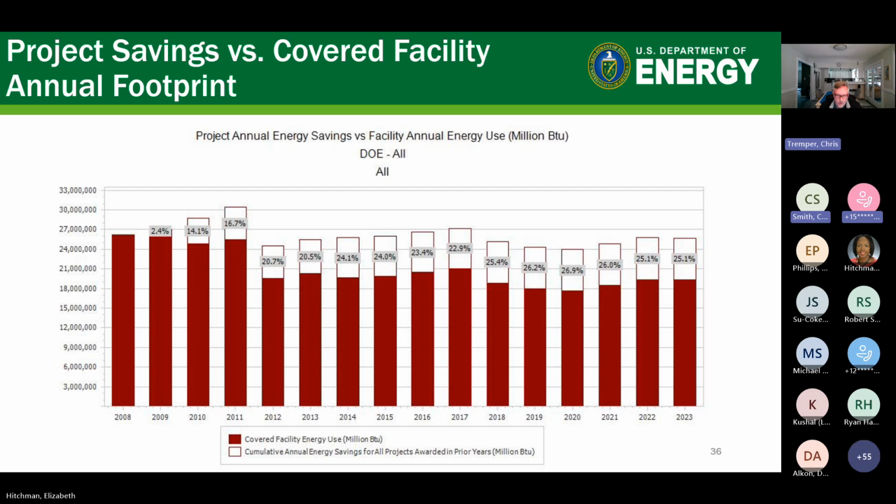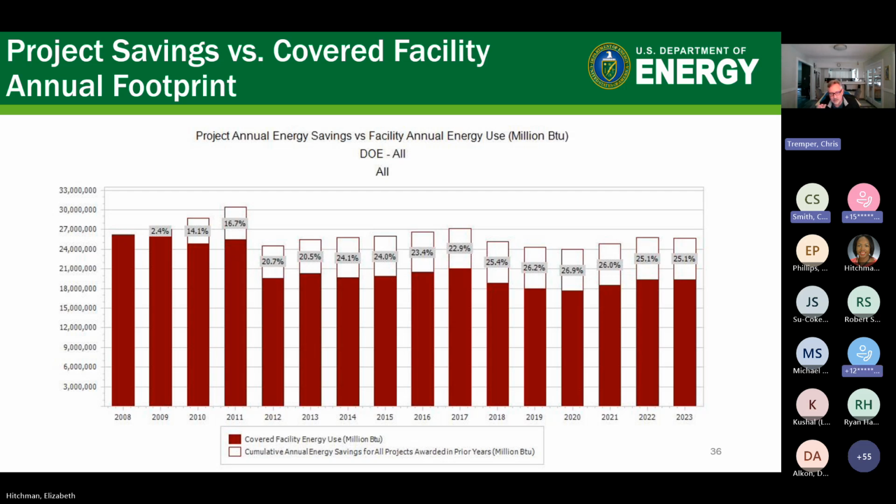So without those projects being reported, DOE would have used 24% more in 2015 than it would have otherwise. That cumulative annual energy savings number stayed the same all the way from 2015 until this morning when I entered in the data for the 2019 Y12 project, where it bumped up slightly.